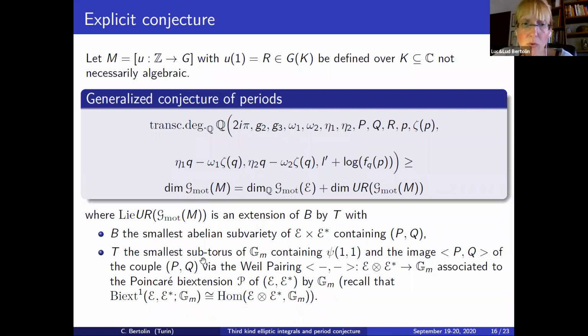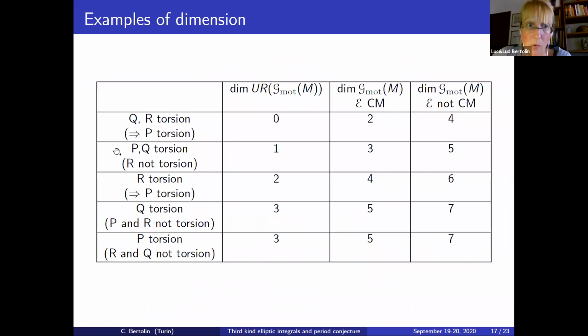The torus T can have a maximum dimension 1 or 0. In this table, I summarize all the dimensions that the unipotent radical of M can have, and the dimension of the motivic Galois group of M, depending on whether the elliptic curve is CM or not CM.